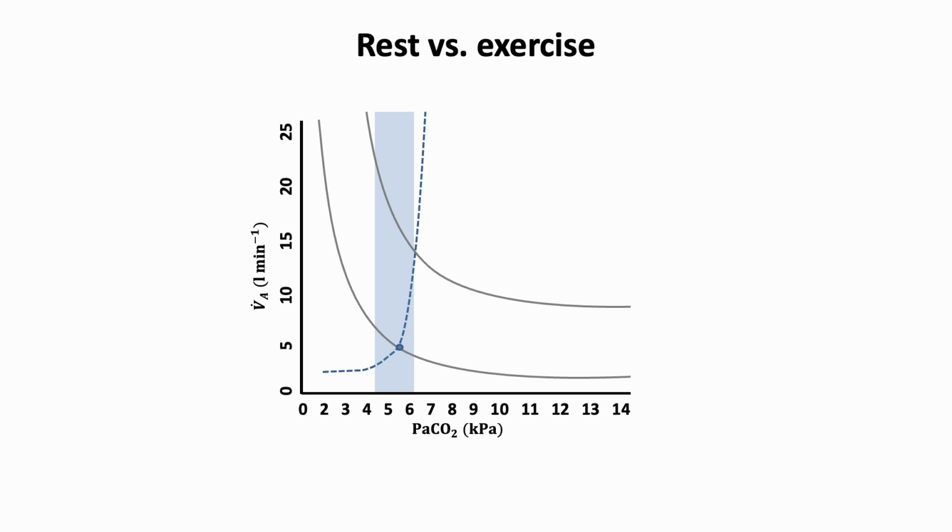So if nothing else happened, this could actually lead to a state of hypercapnia, as you can see. But during exercise, the chemoreceptor curve is actually shifted slightly to the left, so that the person remains within the normal range for PaCO2, and often it's completely unchanged.